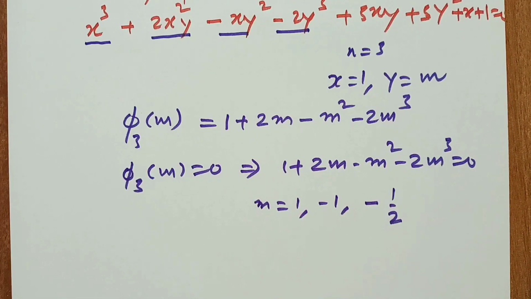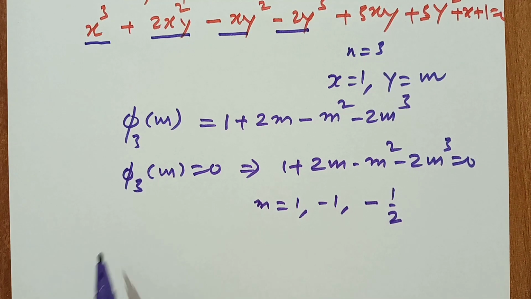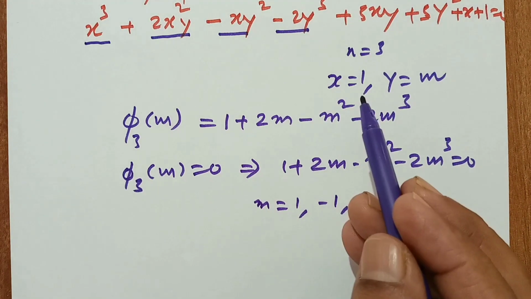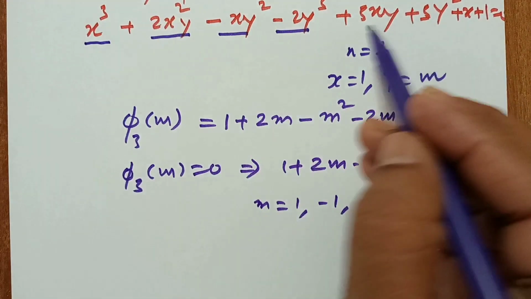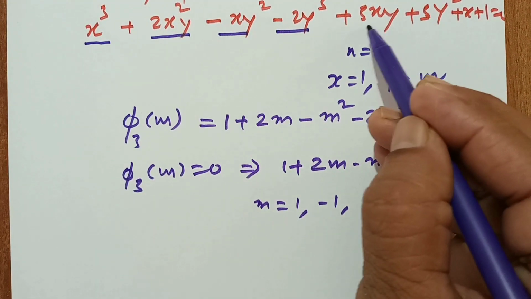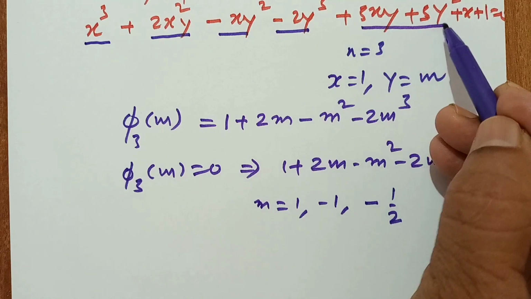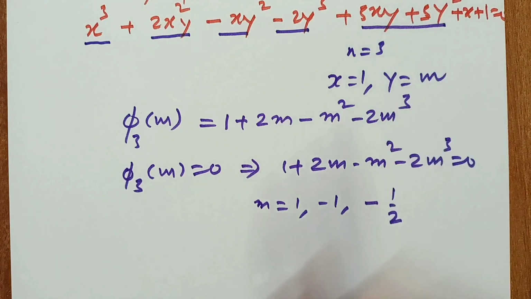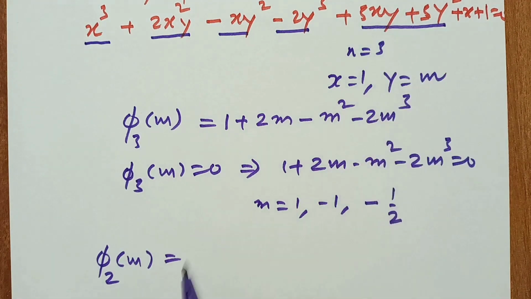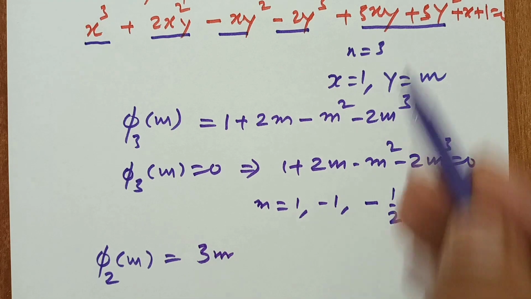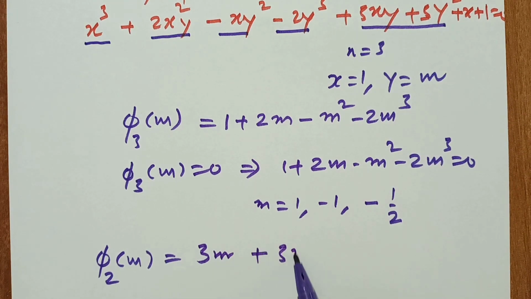Now what is the second step? We put x equal to 1 and y equal to m in the second degree terms. There are x square, xy and y square. This is the second degree term. So phi 2 m is equal to 3 plus 3 into m, so 3m plus 3m square.